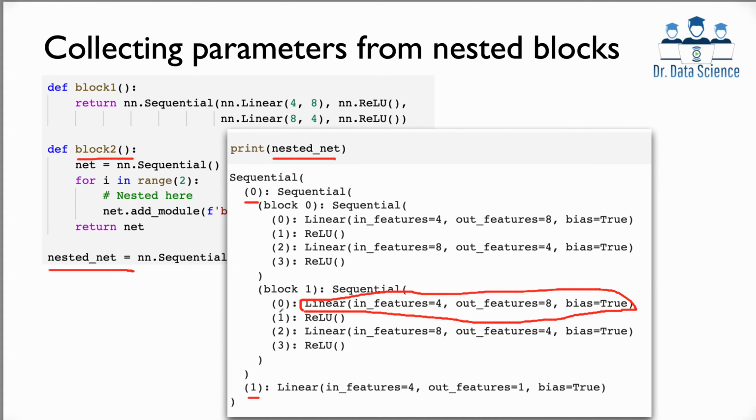So that's why I always recommend, if you have a complex model, use print and then the name of the network. And using this information, now you can just do the indexing. This is very much similar to Python lists. If you have a nested list, right, you can always start indexing from outside until you get to the inner list that you're looking for, and that's very much similar here.